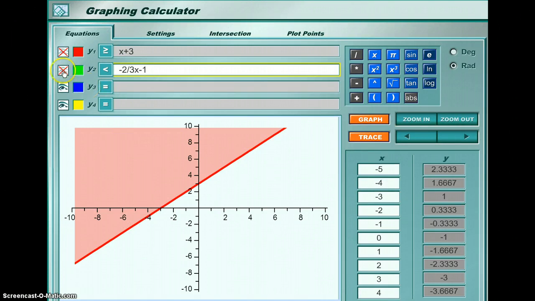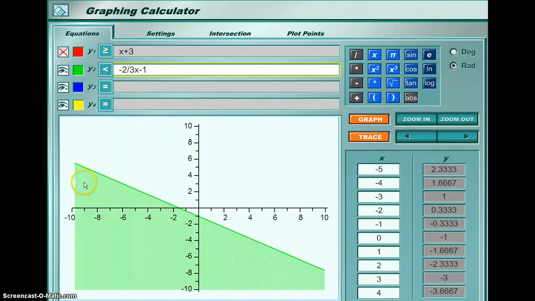Now let me hide the first equation and show you the second one. This is the graph of the second linear inequality. It's a thin line. Remember, in a previous video I told you that the thin line in this calculator is the same as a dotted line.